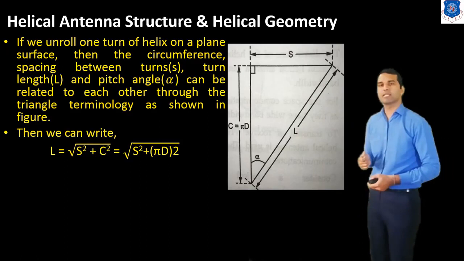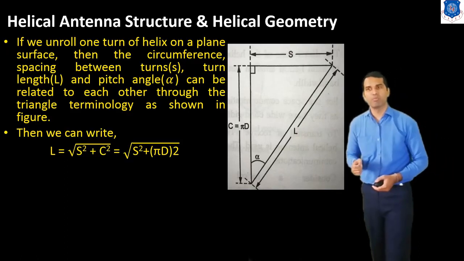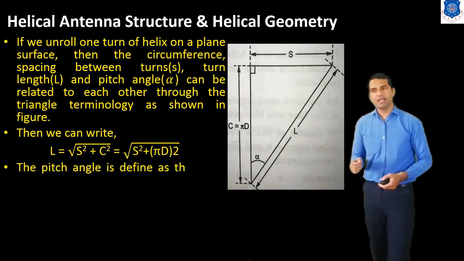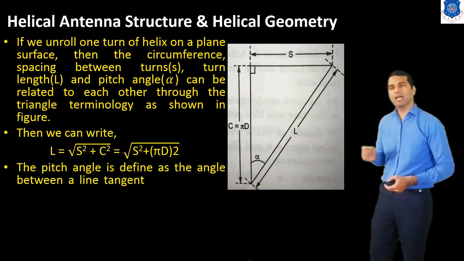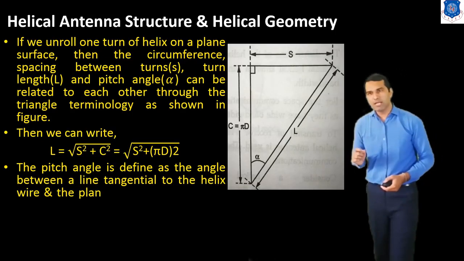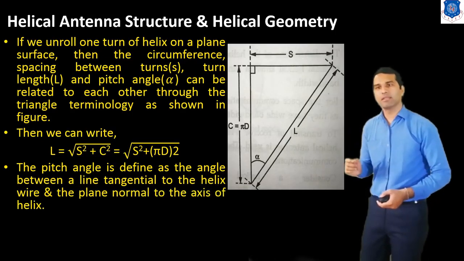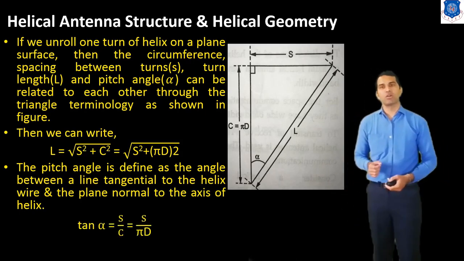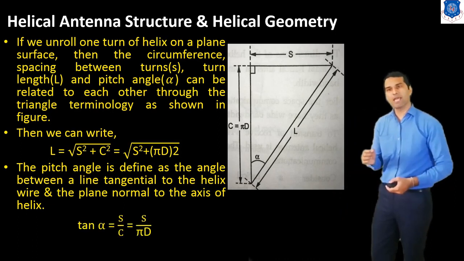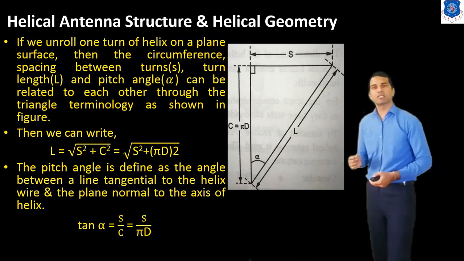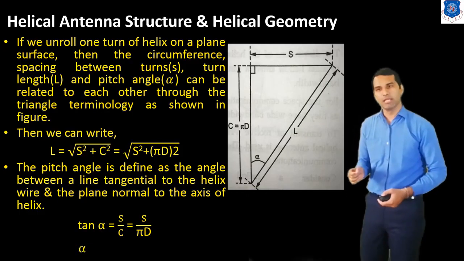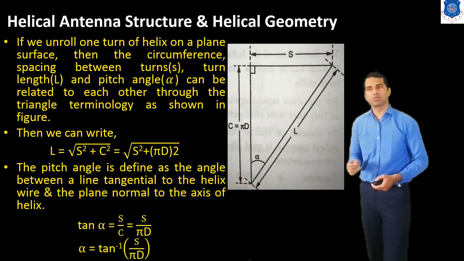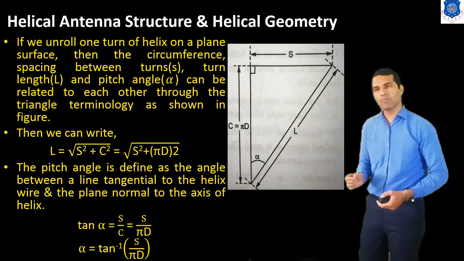But we know that the circumference C equals pi into D. The pitch angle is defined as the angle between the line tangential to the helix wire and the plane normal to the axis of the helix, and it is denoted as tan alpha equals S by C, and we know that C is nothing but pi into D. So we can write alpha, that means the pitch angle, equals tan inverse S upon pi D.